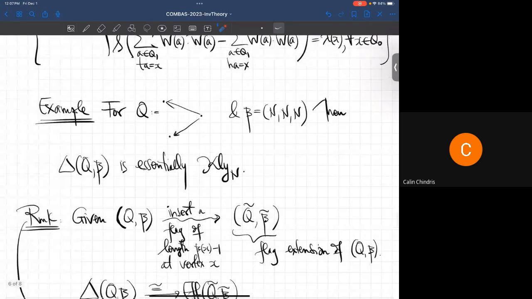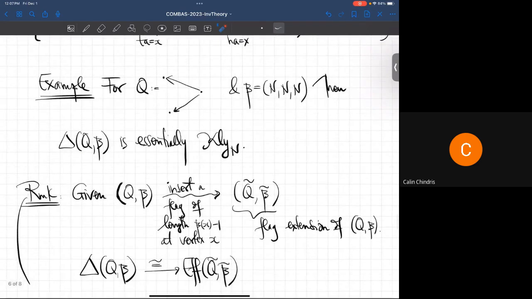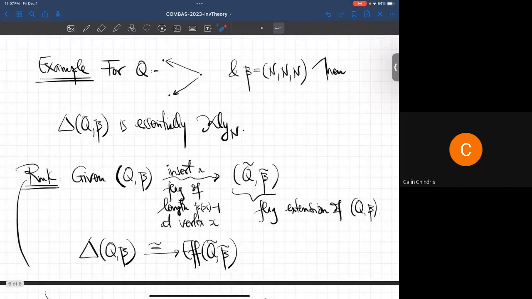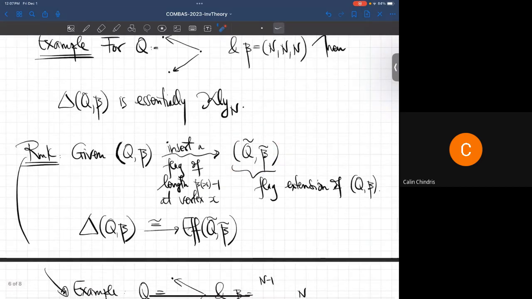And we'll perform the following little trick. So if you have any quiver setup, which consists of a quiver Q and a dimension vector, we insert a flag of length beta of x minus 1 at every vertex. By the length, I mean the number of arrows. And in this way, we get the flag extension Q tilde beta tilde of the initial quiver setup Q beta.